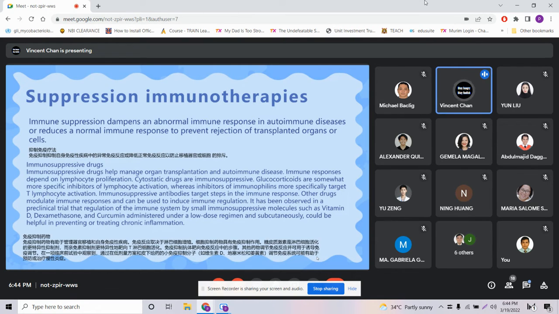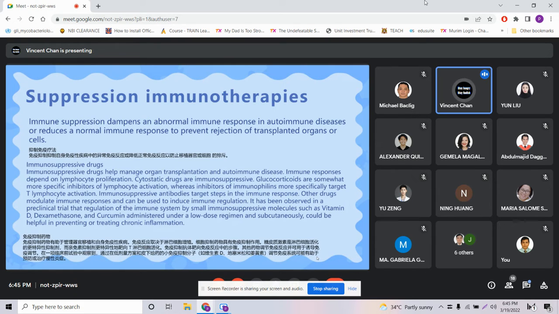Immunosuppressive drugs help manage organ transplantation and autoimmune disease. Immune responses depend on lymphocyte proliferation.